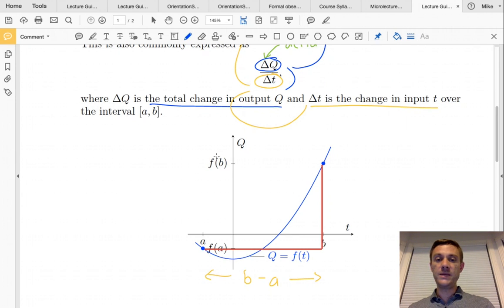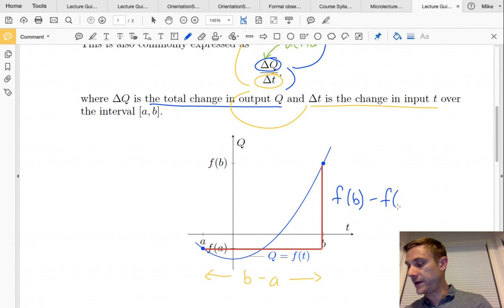And then, not maybe as clear, because whenever function notation is involved things get a little odd, f of b is the height of the function at b, so it's the vertical height of that blue dot. And f of a is the vertical height of the other blue dot, where below the horizontal axis, the t-axis, counts as negative. So the distance between these two things works the same way. You start at a height of f of b, you take away a height of f of a, and that's geometrically the length of this line segment.